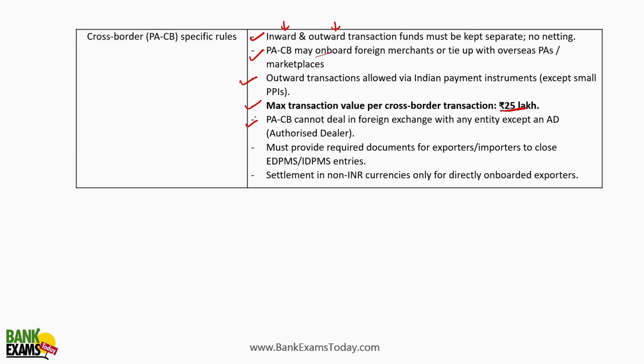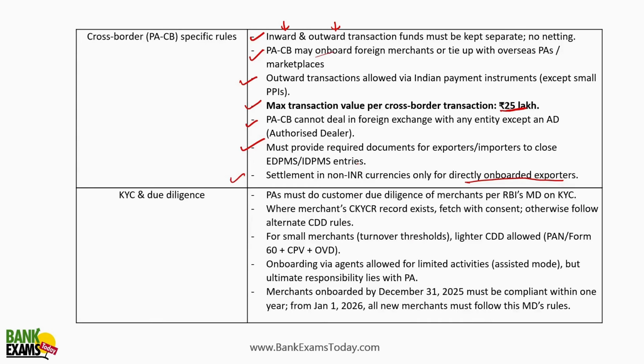So the cross-border payment aggregator cannot deal in foreign exchange with any entity except an authorized dealer, and must provide documents for exporters and importers to close EDPMS or IDPMS entries, and settlement in non-INR currencies only for directly onboarded exporters, right? So non-INR currencies like US dollars should be available only for directly onboarded exporters.